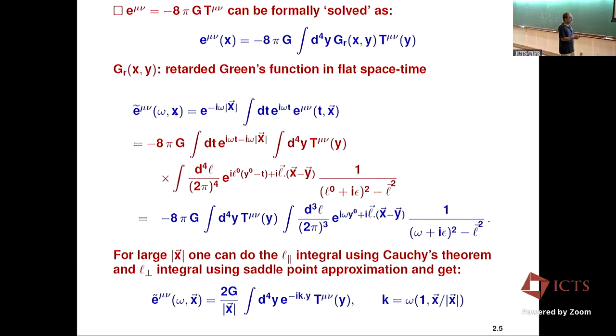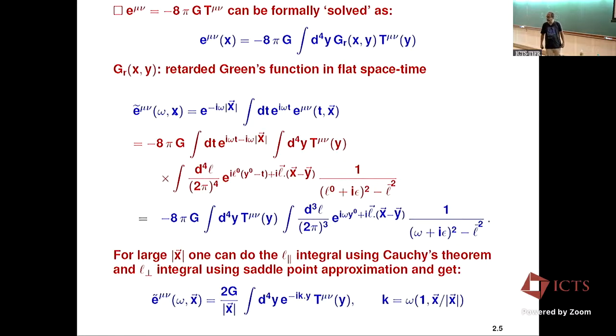Now at this stage, we use the fact that our eventual interest will be to calculate this E mu nu. When you want to calculate the waveform of the detector, we want to calculate this E mu nu at large mod x. So in other words, you want to evaluate this at large mod x. First of all, you can decompose the L vector into its component parallel to x and transverse to x.